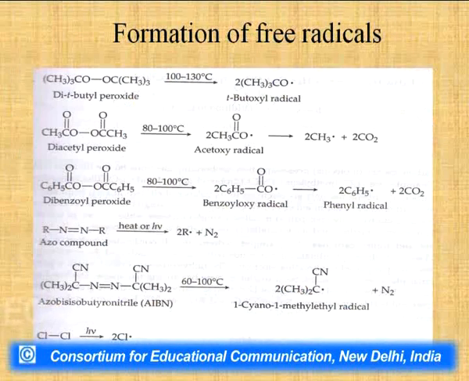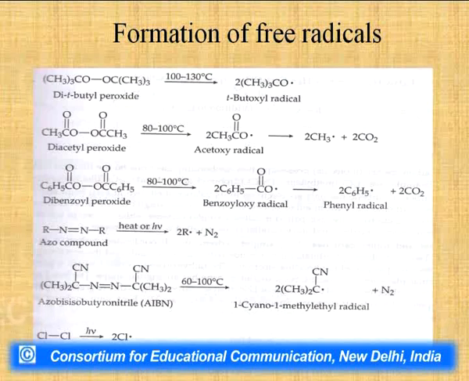These are examples of the formation of free radicals. Di-tertiary butyl peroxide, when heated at 100 to 130 degrees Celsius, forms the tertiary butoxyl radical. Free radicals can form either by photolysis or thermally.